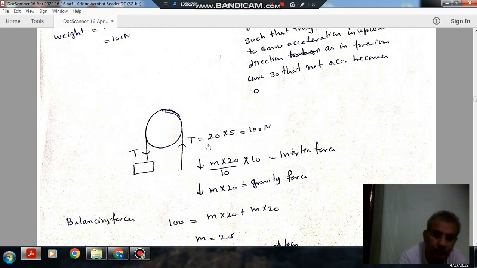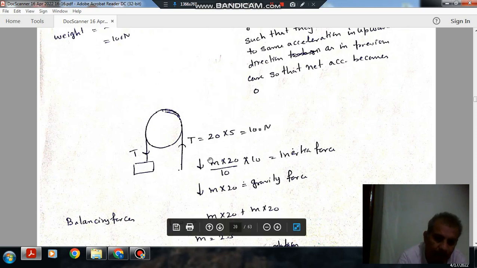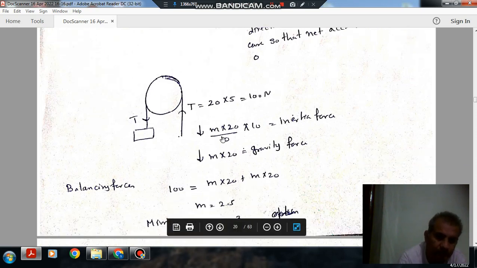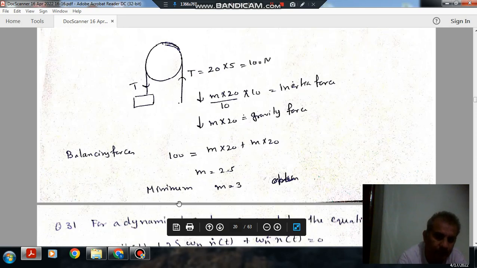Okay, so t will be again the same, that is 20 into 5, because the tension is provided by this. Okay, 20 into 5, and inertia force will be m into 20 into 10 by 10. Okay, m is the number of discs. So from balancing, 100 is equal to m into 20 plus m into 20, we get m is equal to 2.5, or the minimum value of m is 3. Okay, so that is the answer.